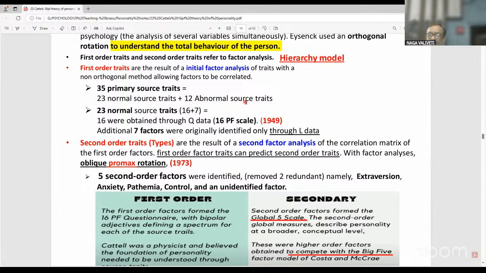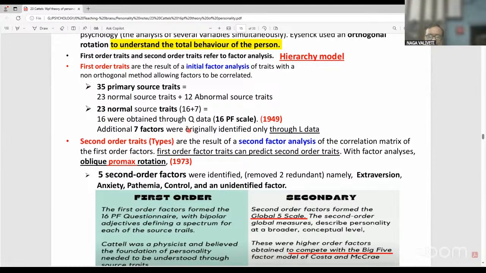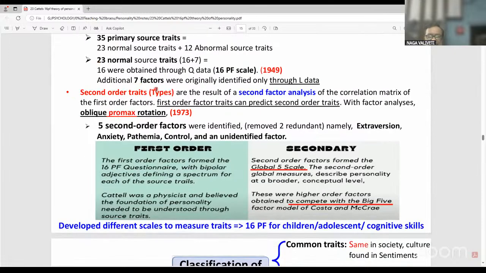He left the 12 abnormal ones because they are related to psychological distress and are not part of personality. He took the 23 and did the factor analysis, and arrived at 16 major factors common to many people. Then there were 7 additional factors related to life, so he ignored those.